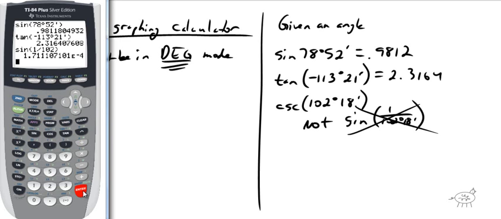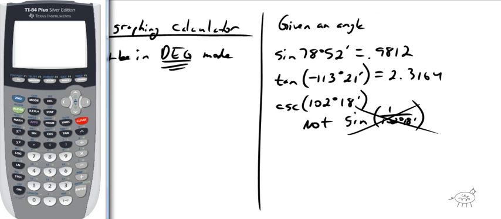That's because 1 over 102 is almost like saying 0 degrees, and sine of 0 is 0. If you get something like this, you should recognize right away that you must have pushed the wrong button because it is such a small number. It's a really bad thing to do, so I'm going to clear this out of here.